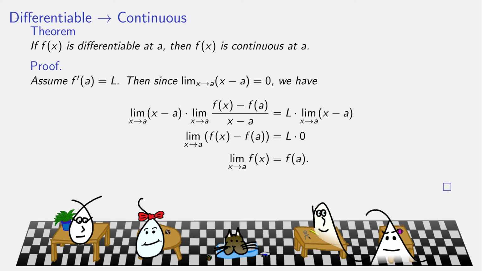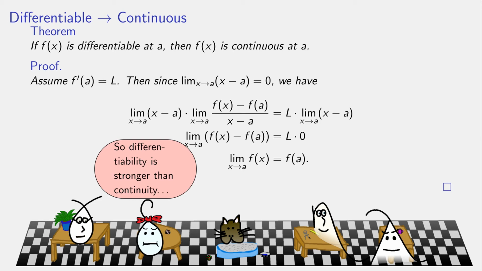But since both the limit as x approaches a of f of x minus f of a exists, as does the limit as x approaches a of f of a, I can add that to both sides. Then since this limit and this limit exist, I can bring this limit inside and cancel it off there, giving me that last line.